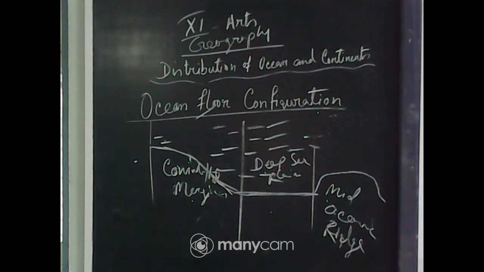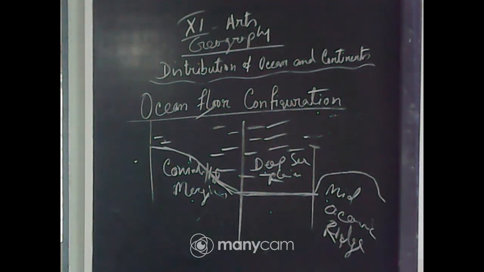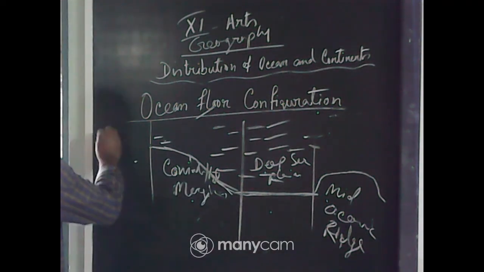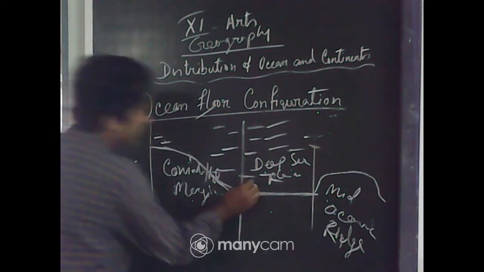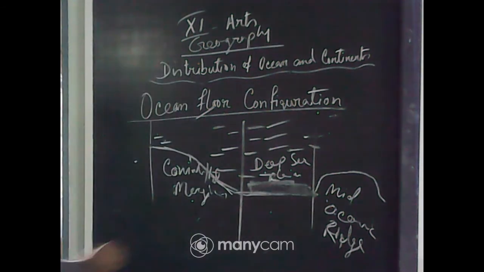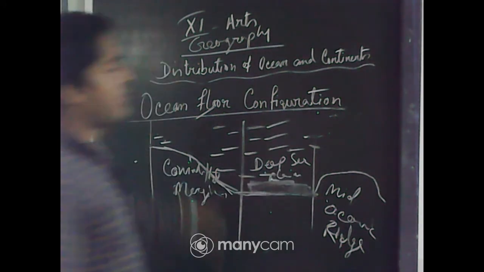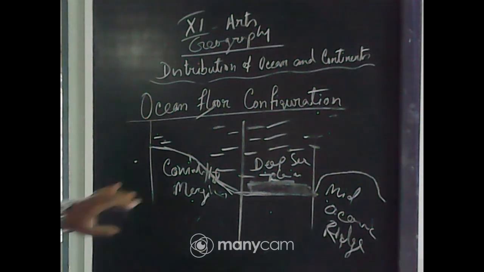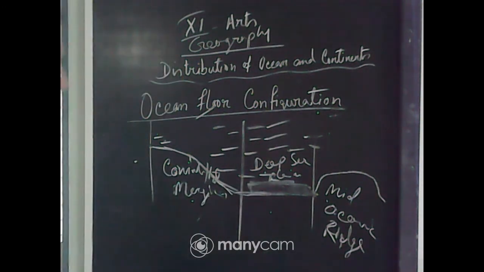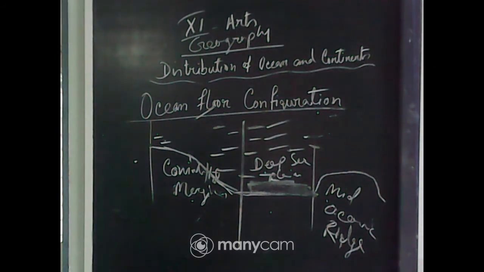Those sediments are carried by rivers; this eroded material is deposited beyond the continental margin in the deep sea basin. That is why these regions are getting flat. So, these are the continental margin and deep sea plain.